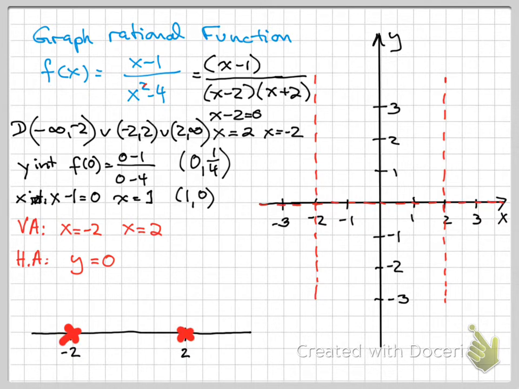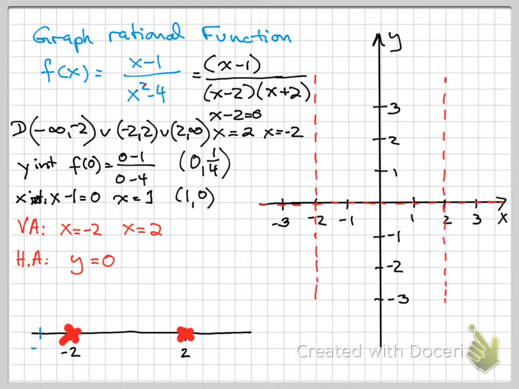Okay, now we need to find some other points. Basically you have to choose points and plug them into the original function here, and you want to look at where you have your restricted values. So you want to choose a point that's to the left of negative 2.